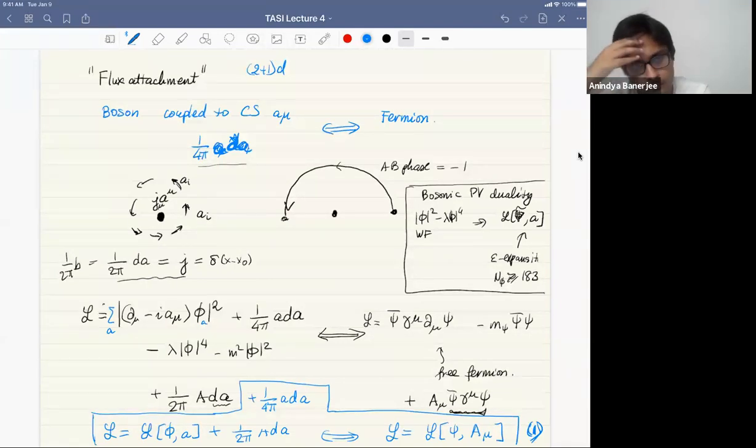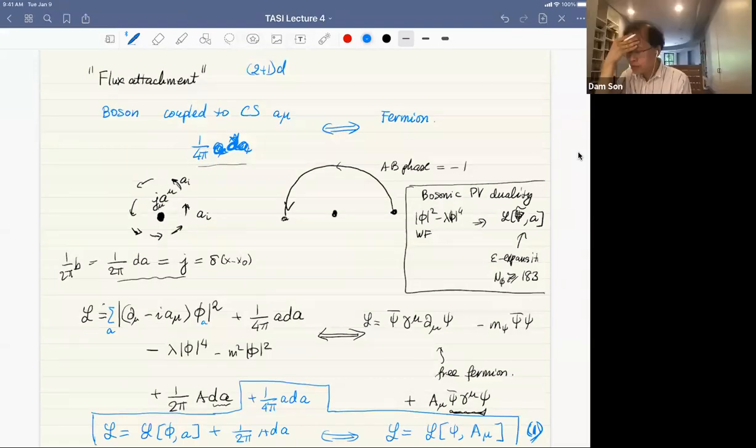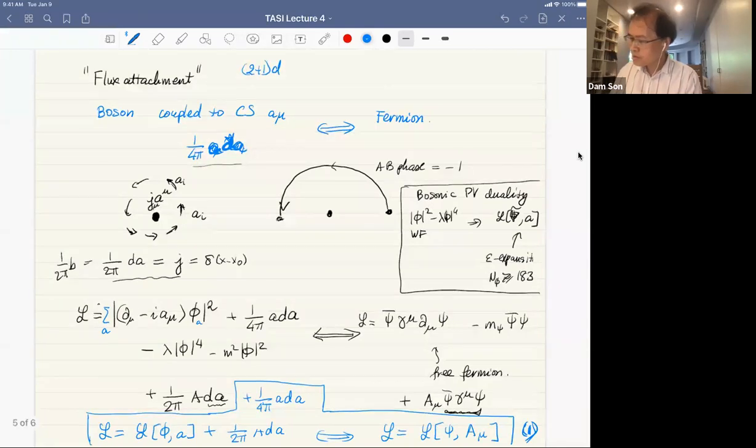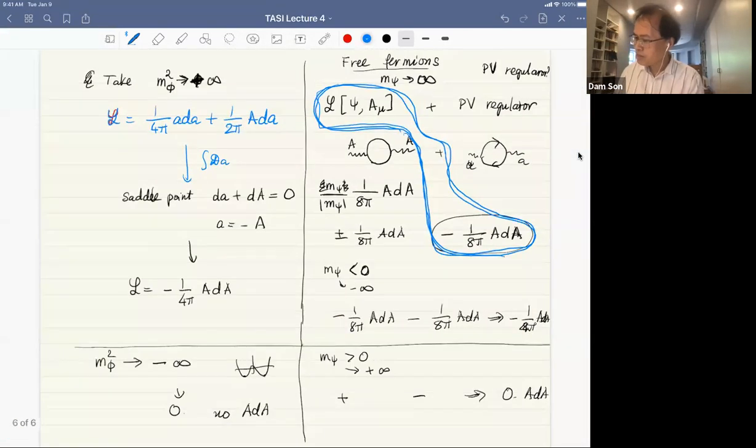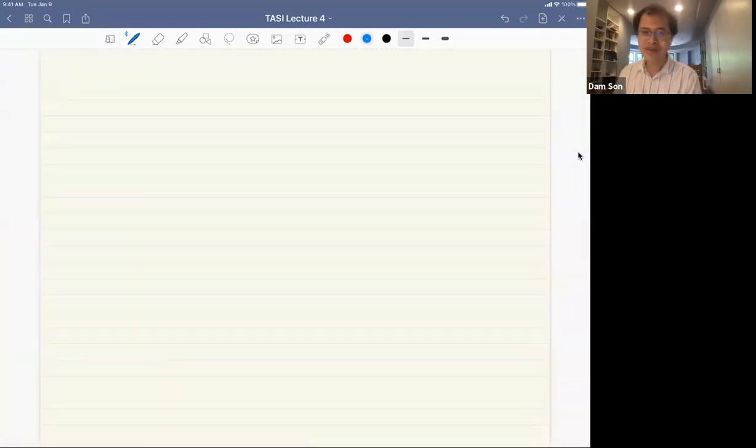If you have a charge 2 boson coupled to A mu, it might be that the technique that I'm going to describe now would give us some answer to that question, but it is an exercise that I haven't done. Okay, thank you.